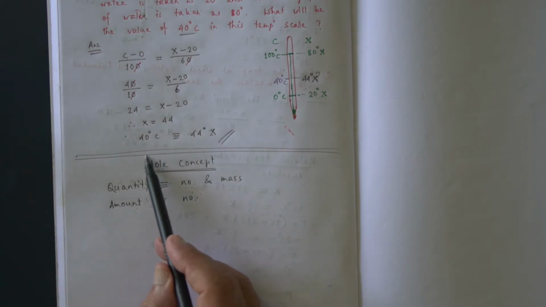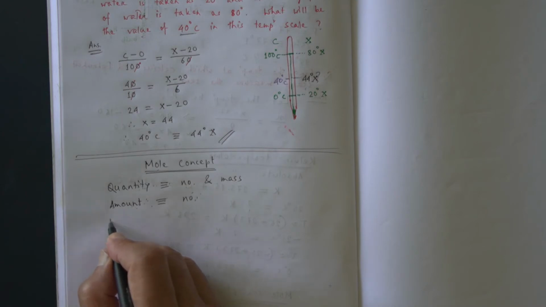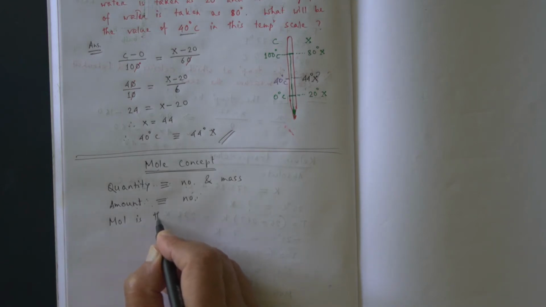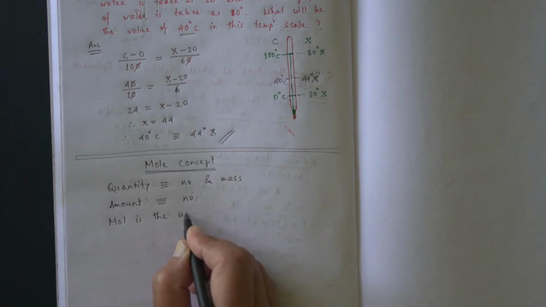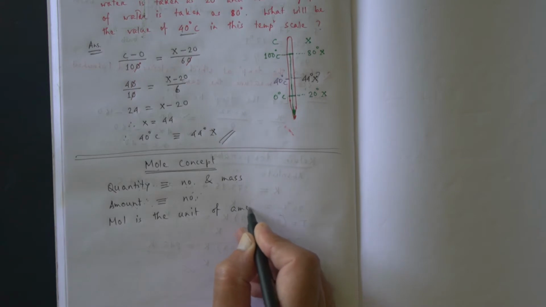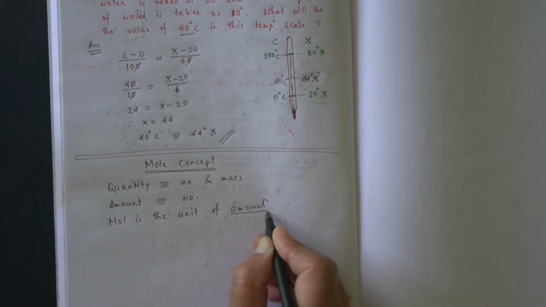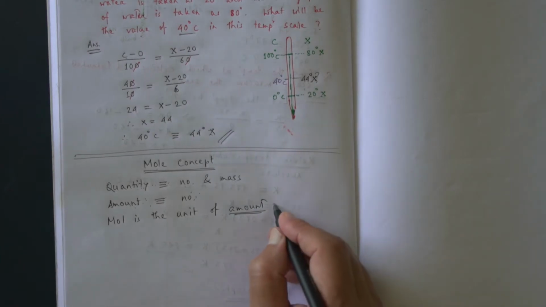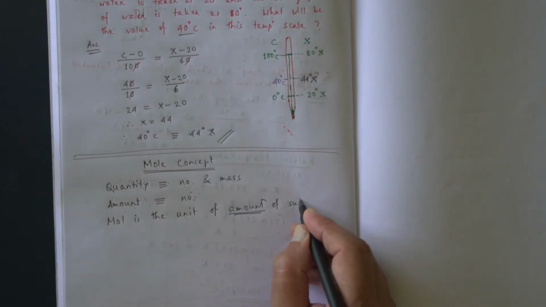Now mole is the unit of what? Mole is the unit of amount. A unit of amount of substance.